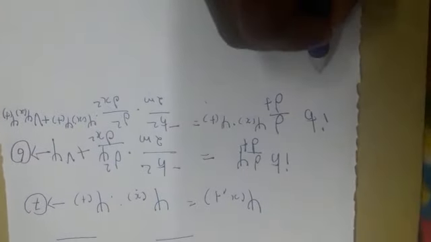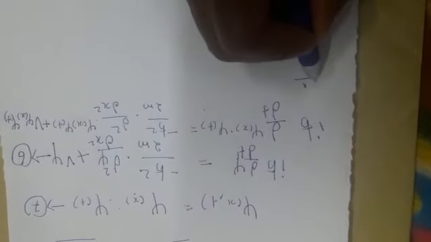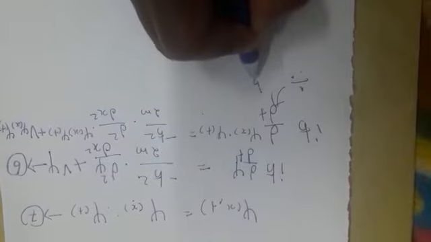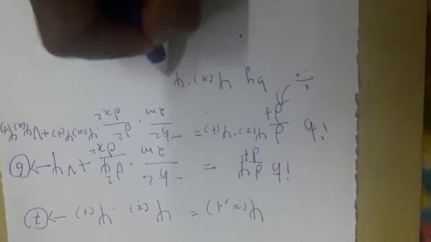Now, dividing this equation throughout by psi of x into psi of t, then what do you get?